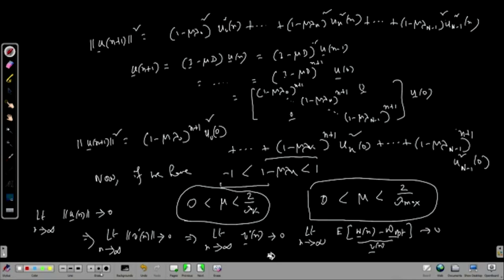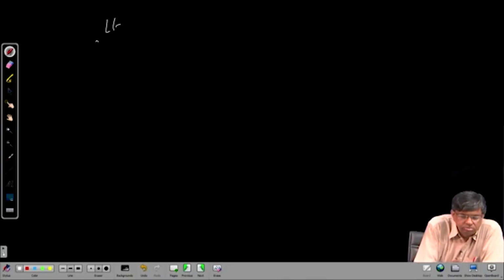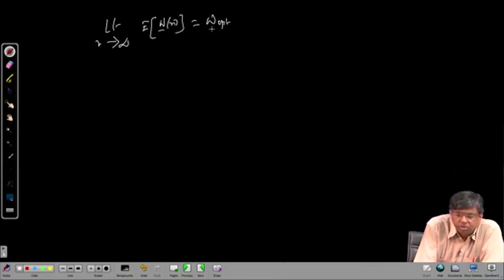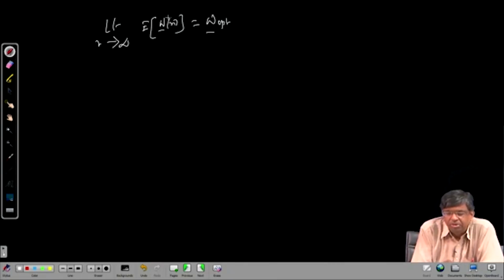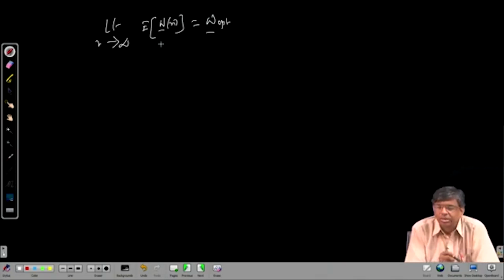Next page: E of w n, limit n tending to infinity, is w opt. That means the expected value of each weight converges on the corresponding optimal value. That is what I had shown: the mean of the fluctuation converges on the corresponding optimal value, but not the coefficient itself.